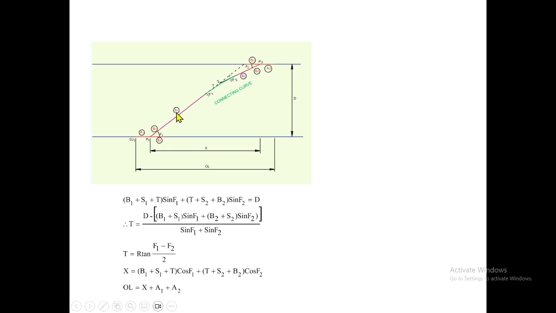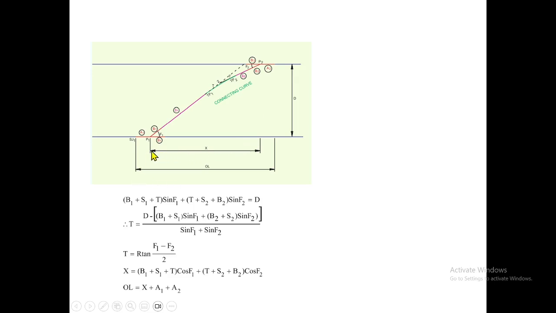B1 plus S1 plus T, the hypotenuse, times cos F1 gives the horizontal distance up to this point. Then from this point to this point, the hypotenuse is T plus S2 plus B2, times cos F2, which will be the horizontal distance. Adding both, we will get the X distance.